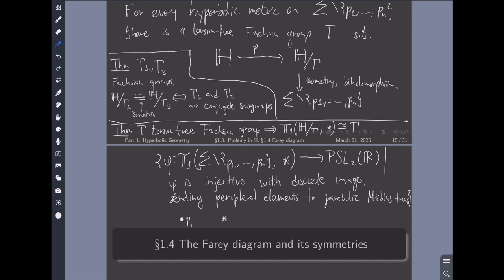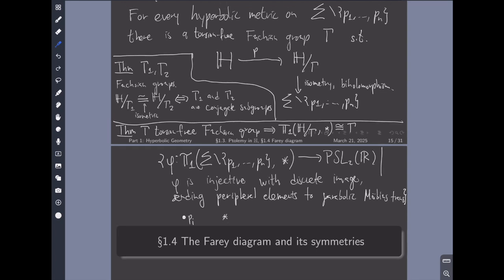Something I don't understand is these peripheral elements. They're supposed to be loops that are very close to some trajectory to pi, but aren't they all homotopic? Not all of them, right? Because for instance, consider the torus. You can go directly, or you can go around, surround, and come back the same way.